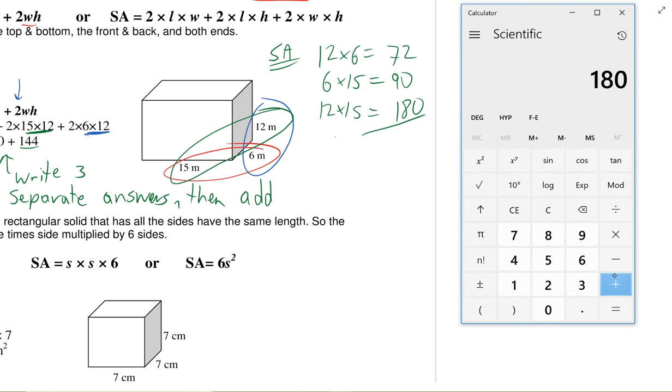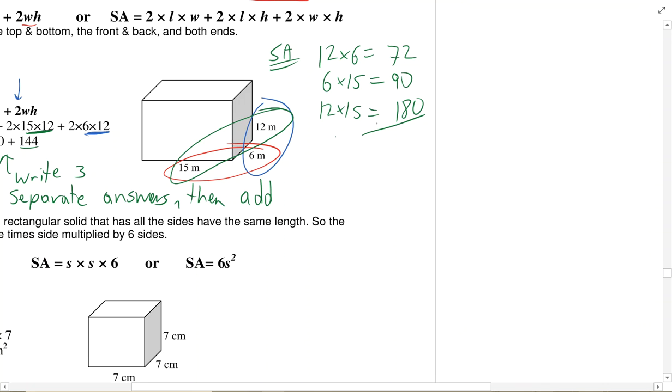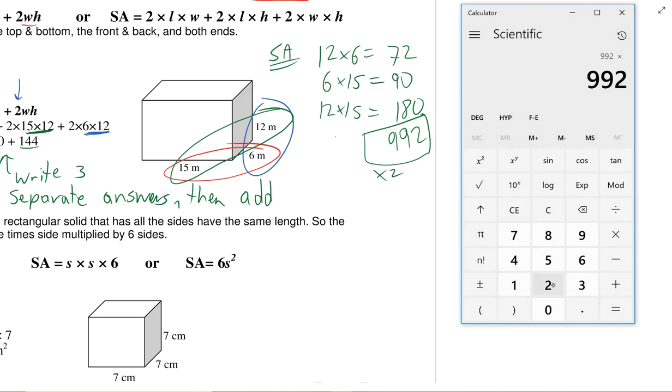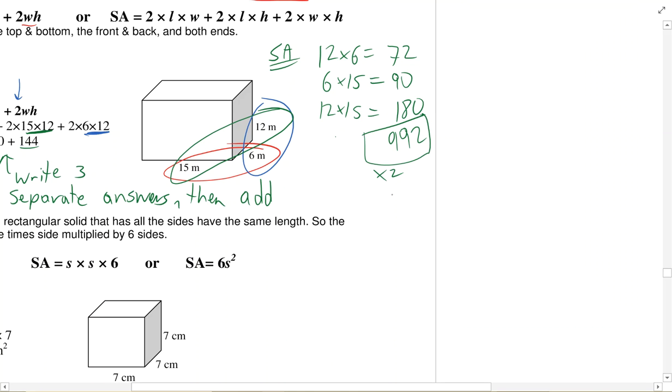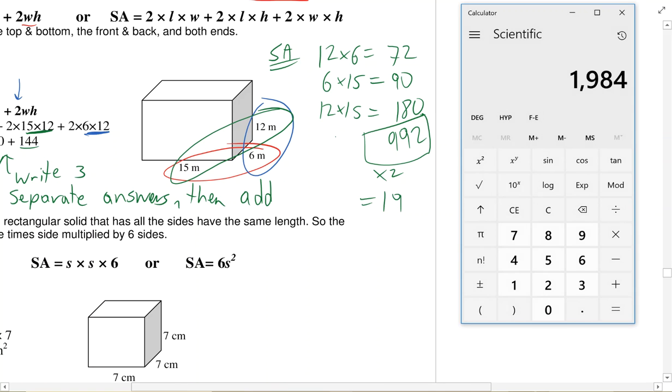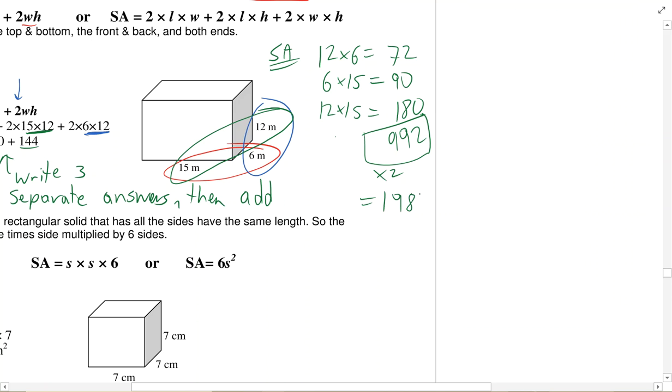So 180 plus 90 plus 72, I get 342. Okay. And then what I'll do is I'll just times it by 2 to double it. And 342 times 2 equals 684. And that's going to be meters squared.